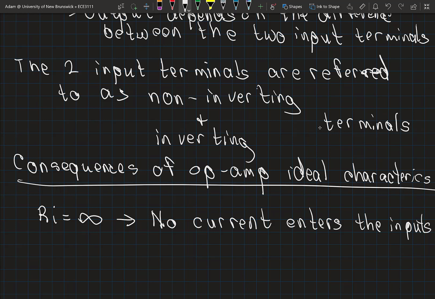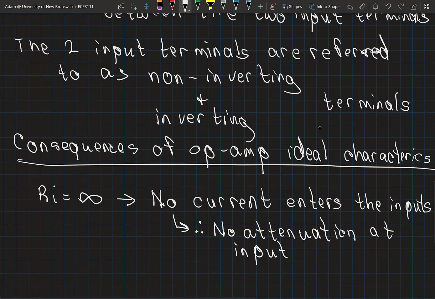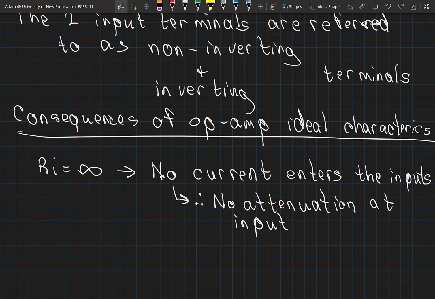Further to that, thinking about our discussion about amplifier models just a lecture or two ago, this also means that no attenuation occurs at the input when we connect a device that has some source impedance other than zero, which is really any device, since any device is going to have some source resistance. But now it doesn't matter because with no current flowing, we'll get no voltage divider effect.